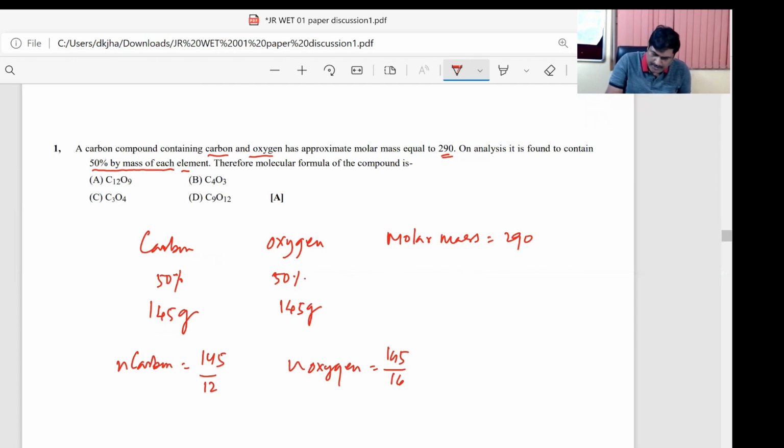So this will be 9, and this one is 12, approximately 144. That is negligible, and it is given as approximate. Okay, fine. So the formula is very simple: C12O9. Answer is A. Correct.